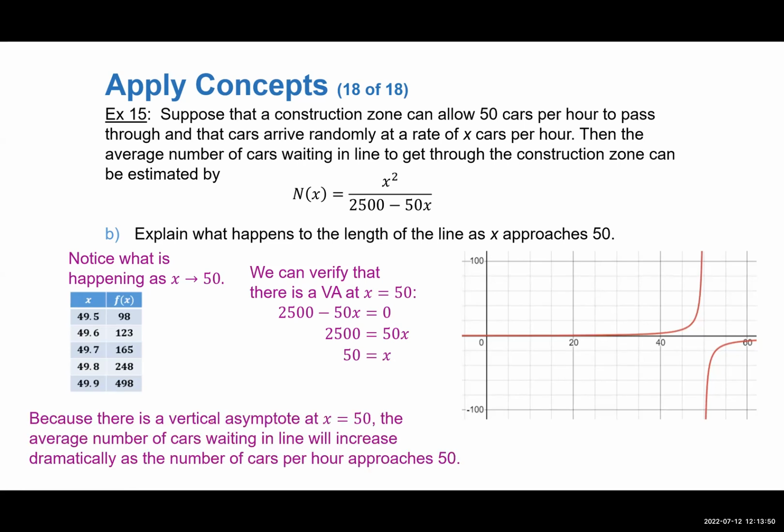Because there's a vertical asymptote at x equals 50, the average number of cars waiting in line increases dramatically as we approach 50. They can only allow 50, so the more people come, as we approach the number 50, the line is longer and longer and longer. That's basically what it is saying.